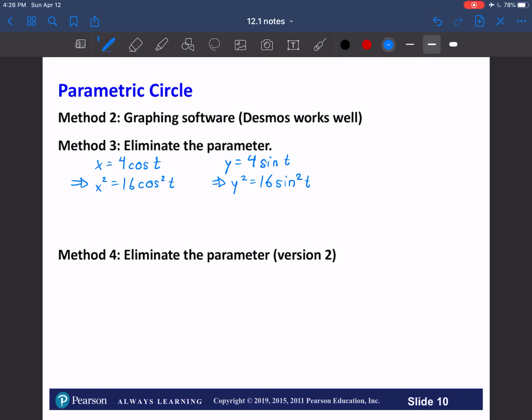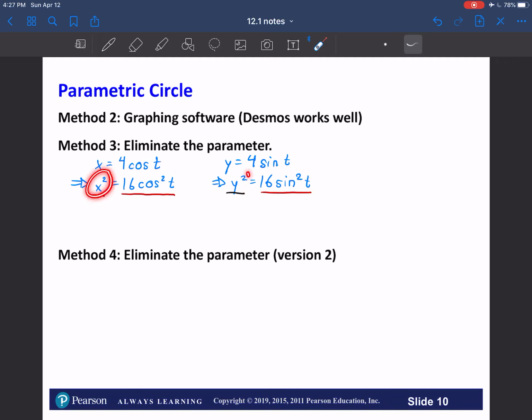Now I'm going to add these 2 equations together. That concept I think we've done a little bit before in this class. The basic idea is we add the left-hand sides and the right-hand sides together. So if I want to consider x squared plus y squared, then that better be equal to the sum of the right-hand sides.